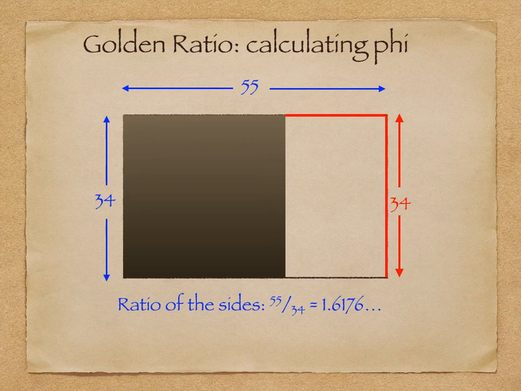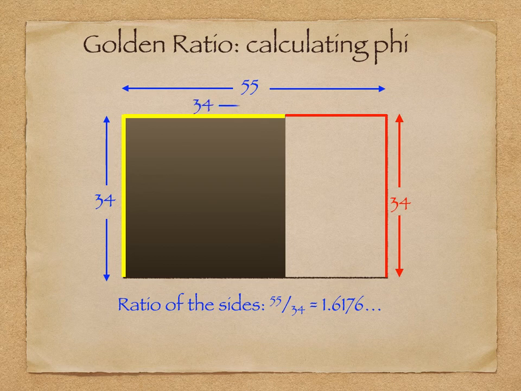Well, I can work this out. Remember that for any square, all the sides are the same length. So if one side is 34, then so is this side. That means that the width of the small rectangle is 55 minus 34, and that's 21 units.